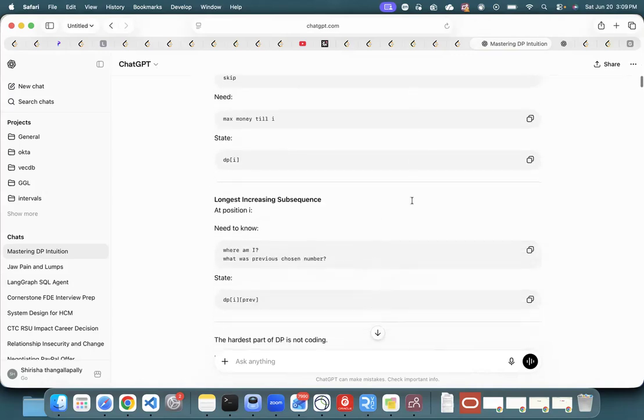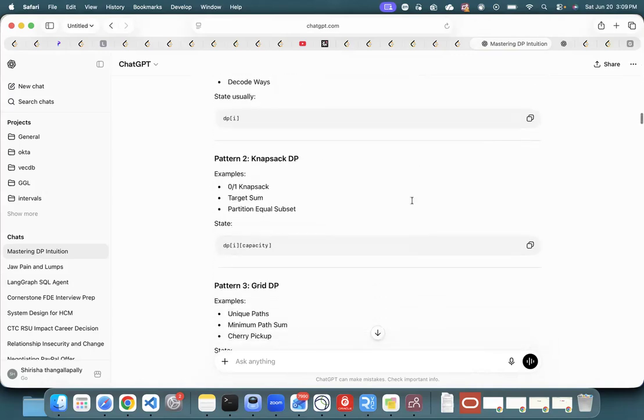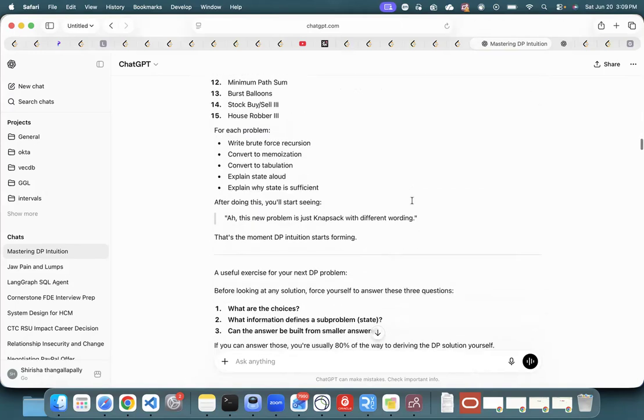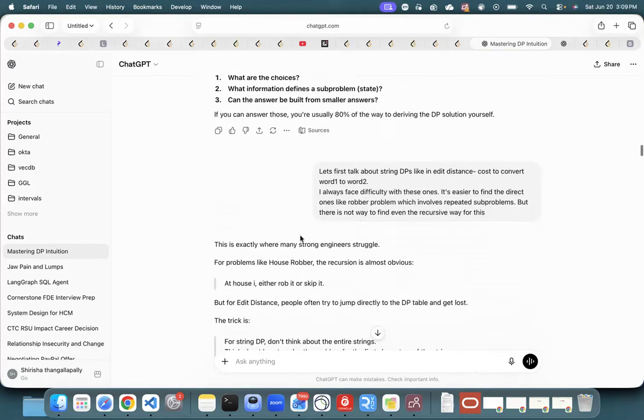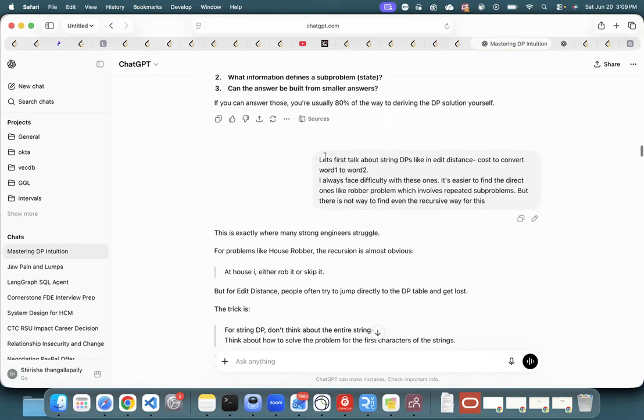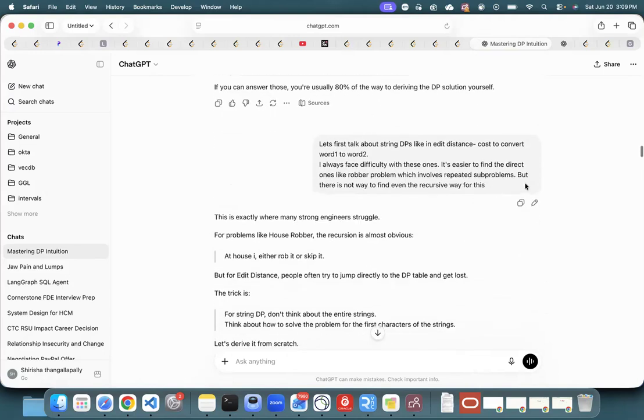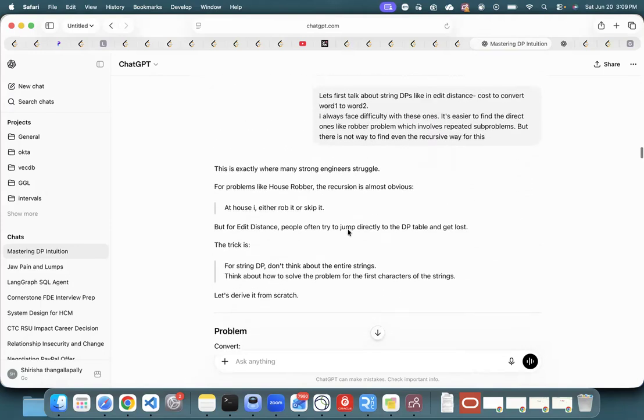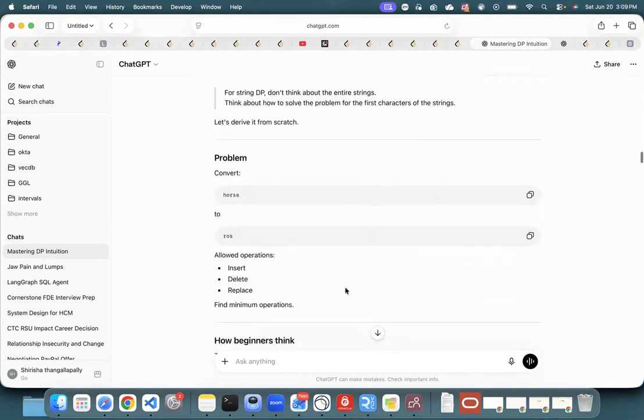So coming to mastering DP, especially the string ones, how do you recognize whether it's a DP question? It's easier to find the direct ones like the robber problem, which involves repeated subproblems. But there is no easy way to find it here.